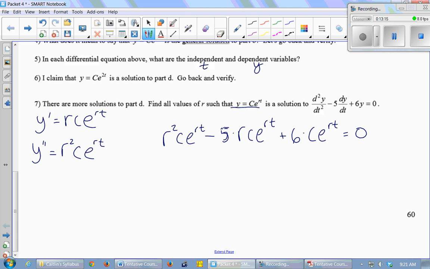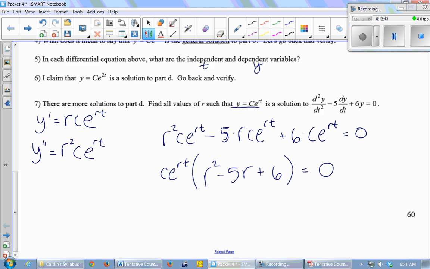So what if I want to solve that equation for r? How do you look at that and see quadratic? Factor out c e to the rt. Every term has a c e to the rt in it, and what I'm left with when I factor that out is r squared minus 5r plus 6.